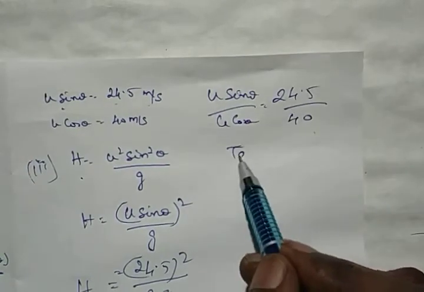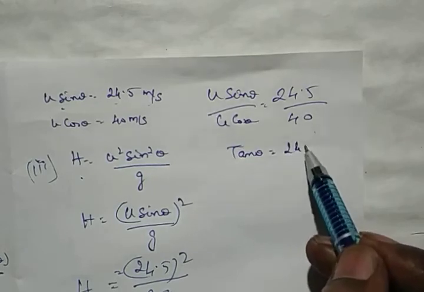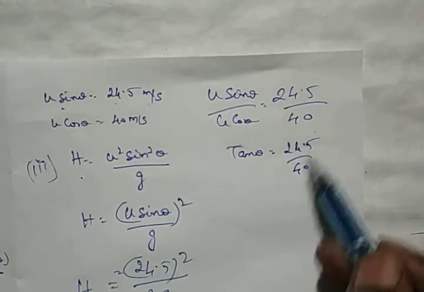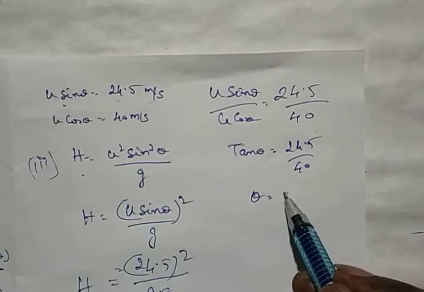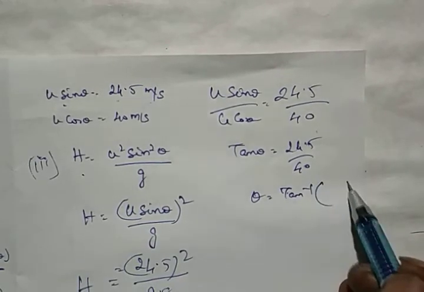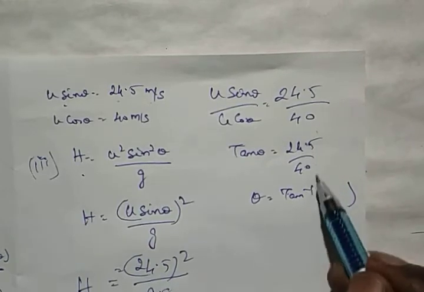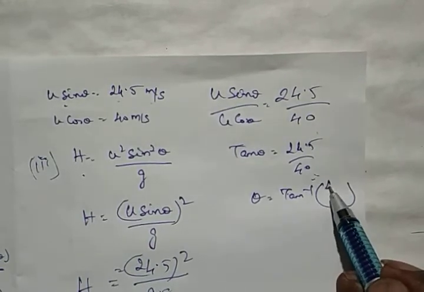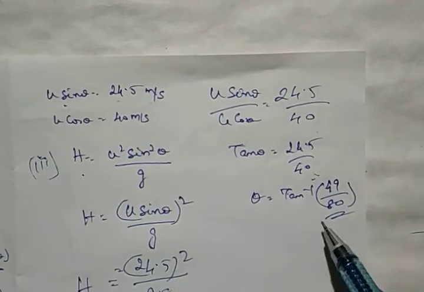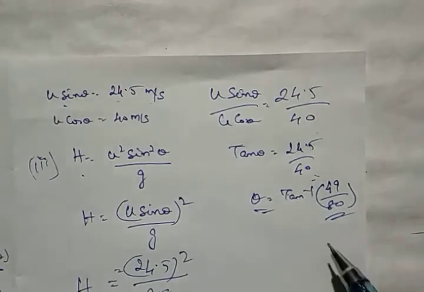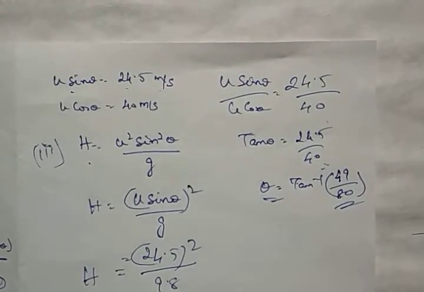So tan theta is equal to 24.5 upon 40, and you can do the calculation. Theta is going to be tan inverse of 24.5 upon 40, or otherwise you can just multiply it by 2 on both sides. It is then 49 upon 80 you will get. So that's the tan theta value. So all the things have been found out. Pretty simple, quite an easy question, but it is a little lengthy.